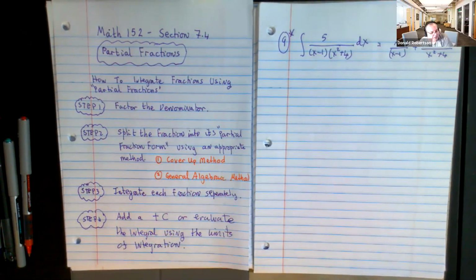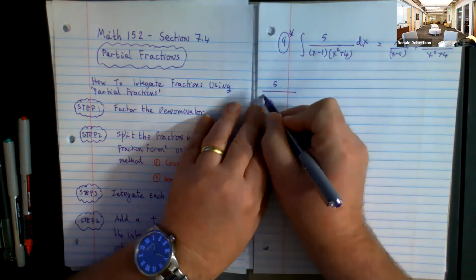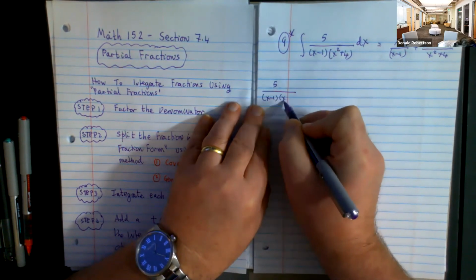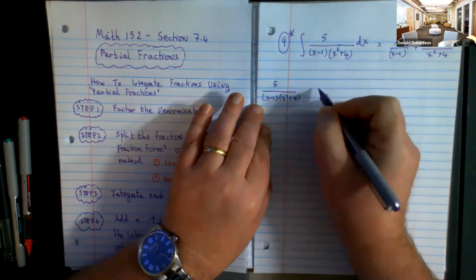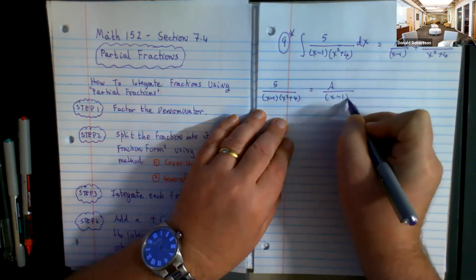Okay, so if there's an x squared plus 4, an x squared plus 7, something like that, you're going to look at bx plus c. Now, the general algebraic method, and I'm going to just rewrite this again for my benefit, you don't need to, is much longer and much more detailed, right? There's a lot more to do.